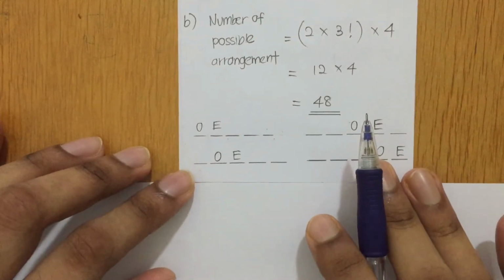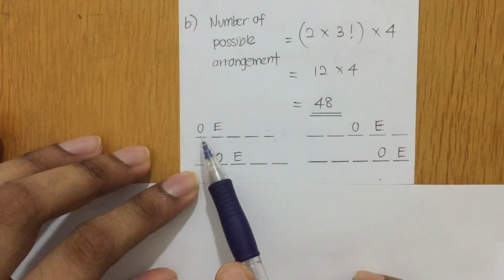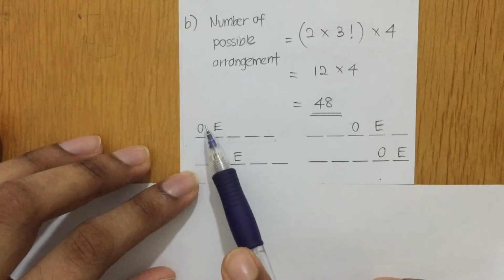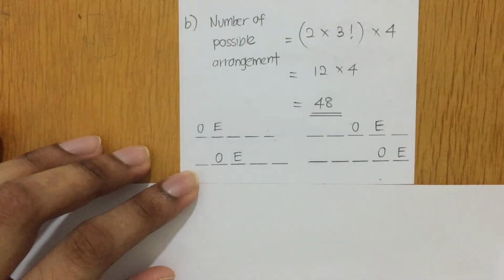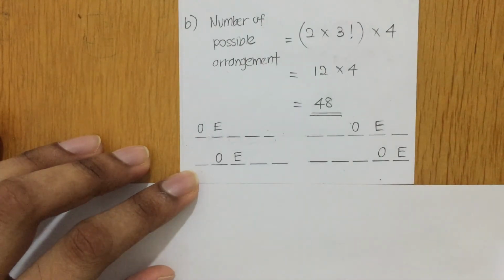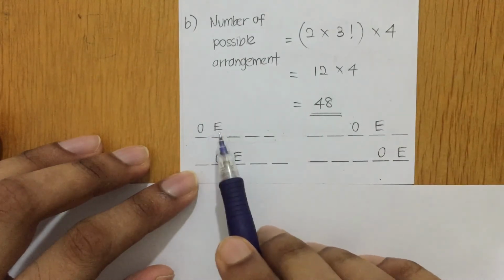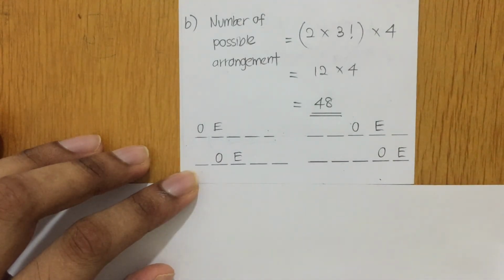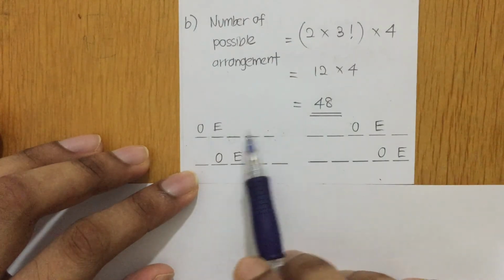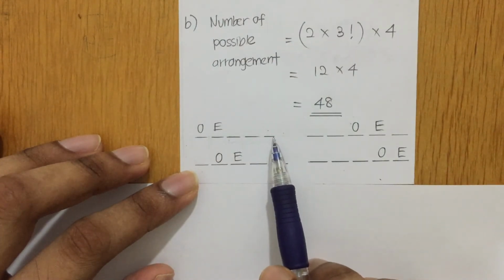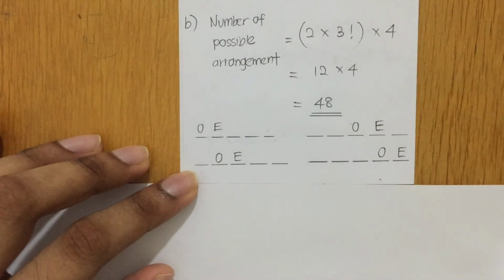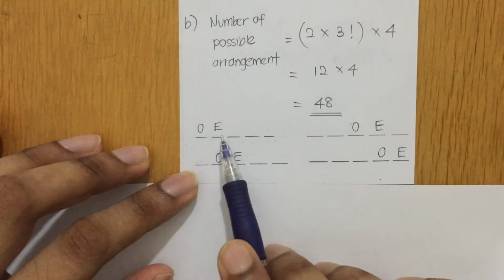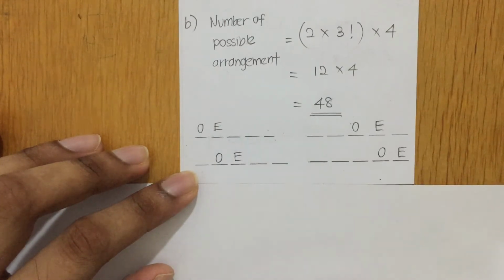In the first situation, letters O and E fill position number 1 and position number 2. This is your first case. Letter O and letter E can be either in front, so that's why you narrow down into 2 possibilities. Then you can permutate the remaining letters, other than O and E, so that's why you have here 3 factorial.